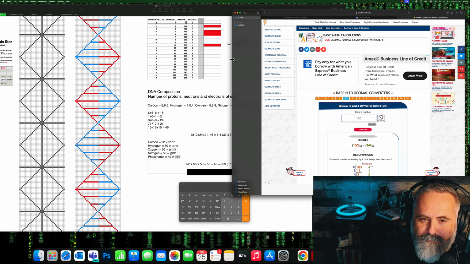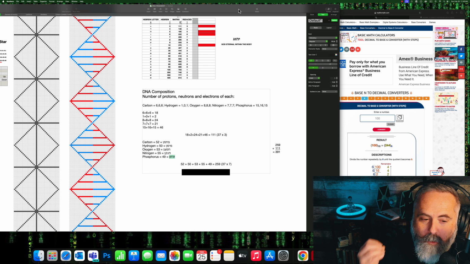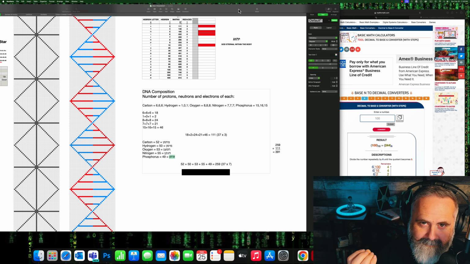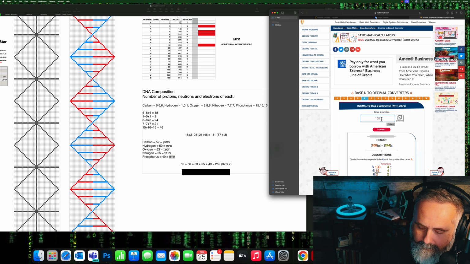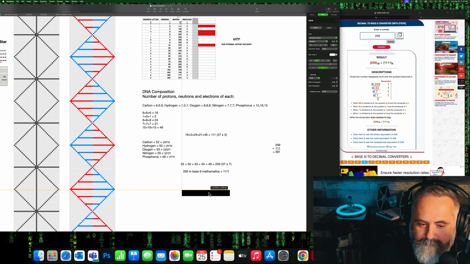So let's just throw this out there, folks. And again, I say this every time: what are the chances? What are the chances that in base 6, 259, when converted, would have the value of 1111? 259, when converted to base 6 mathematics, is 1111.